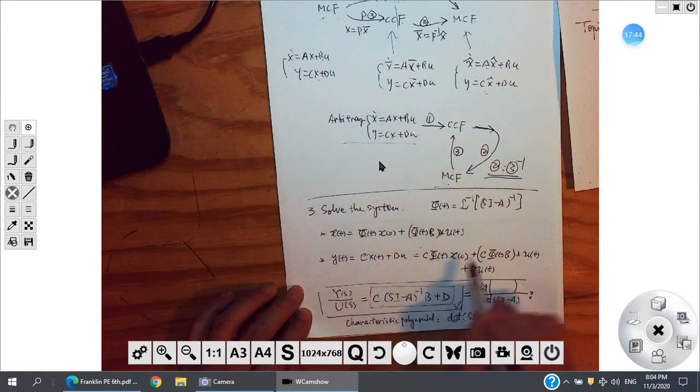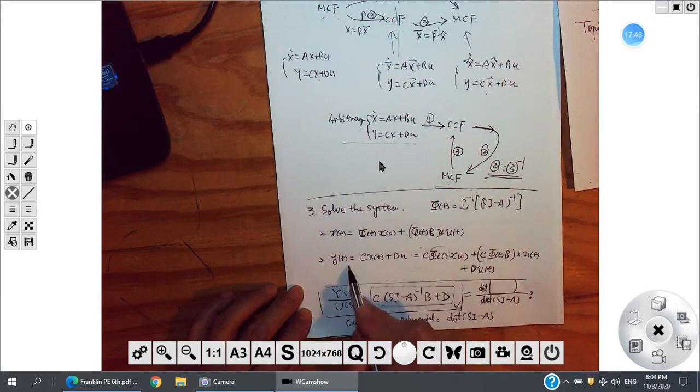You try to find the phi of t firstly. Phi of t. Then you need to calculate phi of t times x0, phi of t times B, and then C times phi of t times x0, then C times phi of t times B, then convolution of these, then add them together, you have y. You have output.